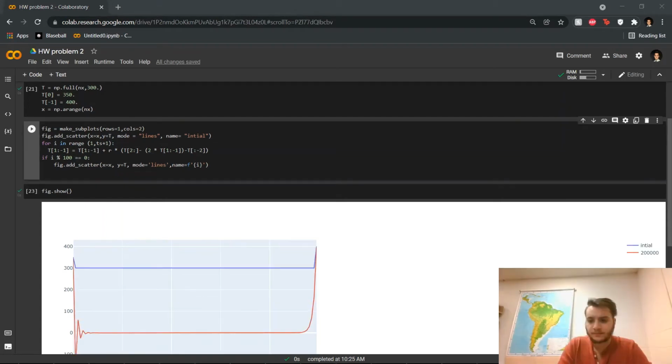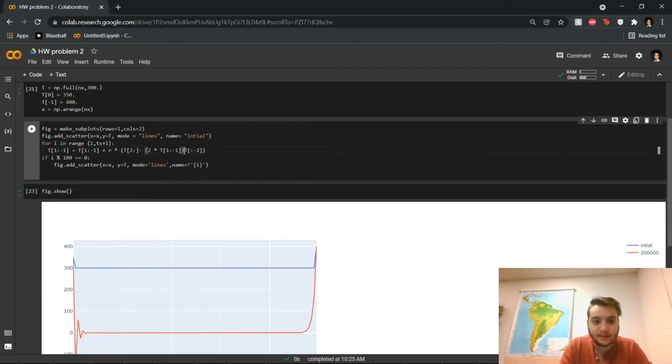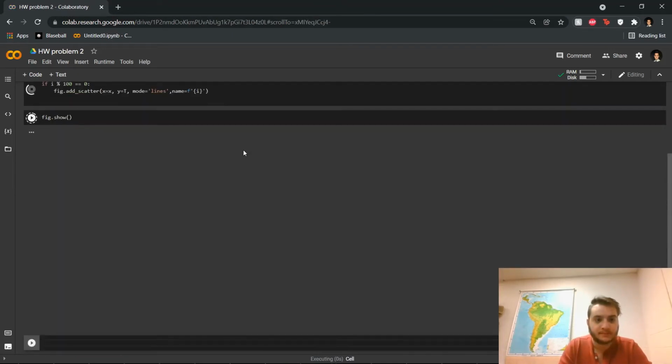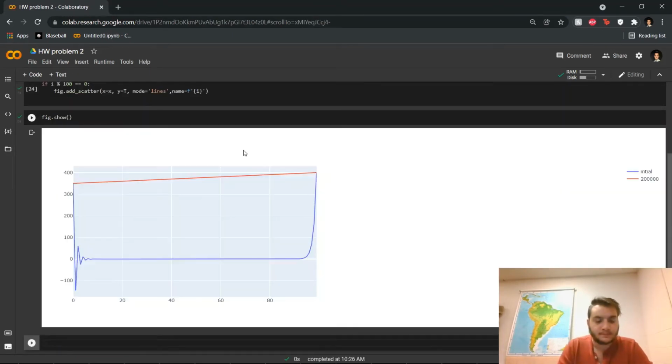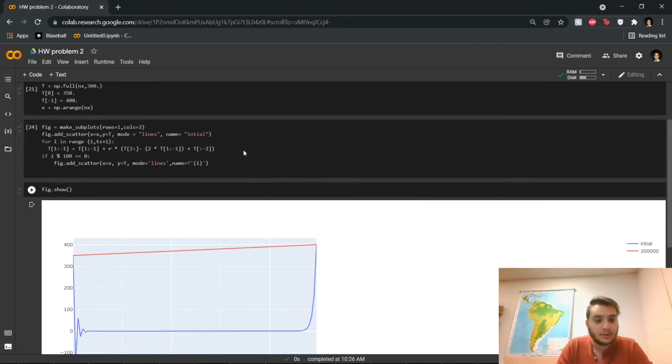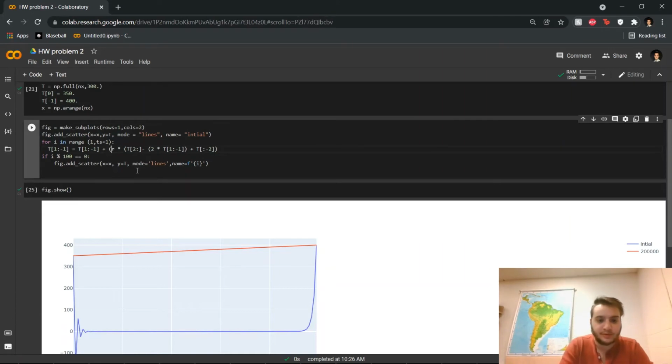Hold on a second. Alright, I found the mistake, and it's right in here. That needs to be a plus sign instead of a minus. No, that is still not right. Here, let's move these in its own parentheses.